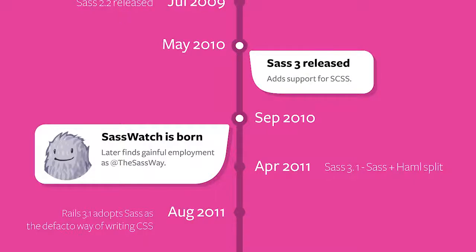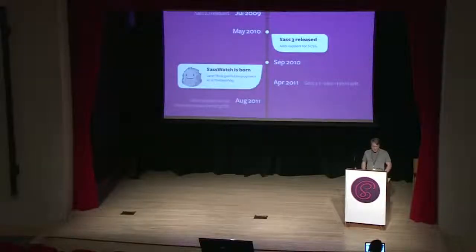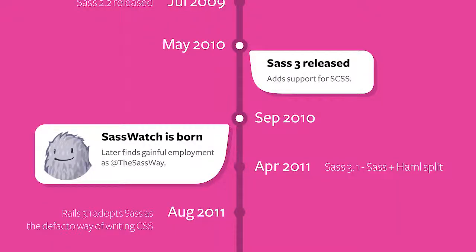This was just recognizing that there was a need for a way of announcing Sass news and stuff like that. I started this Twitter account, the Sass Watch, and it later became The Sass Way. Then in April, Sass 3.1 was released, and this was the first release that didn't have Hampton involved in it, so it became kind of its own thing.